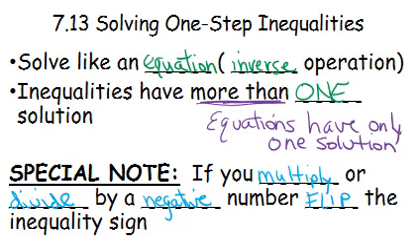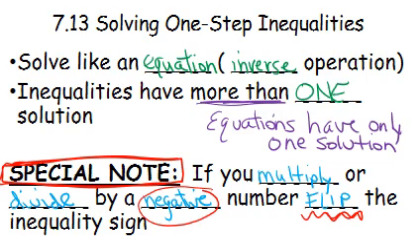This is the only difference for when you solve inequalities. When you solve inequalities, you follow all the same steps as you would as solving an equation, except our special note: if you multiply or divide by a negative number, you will flip the inequality sign.